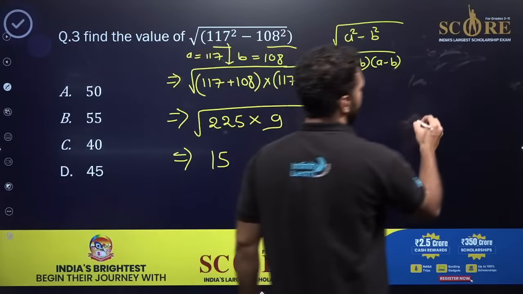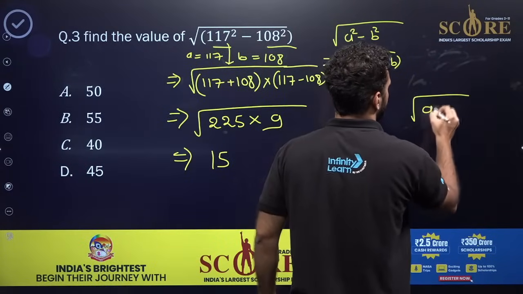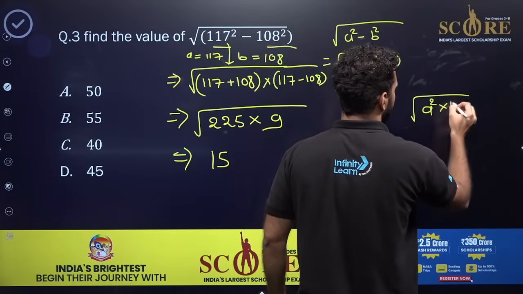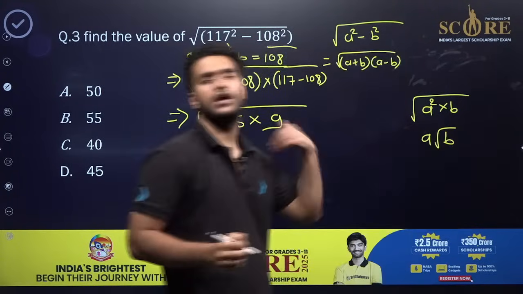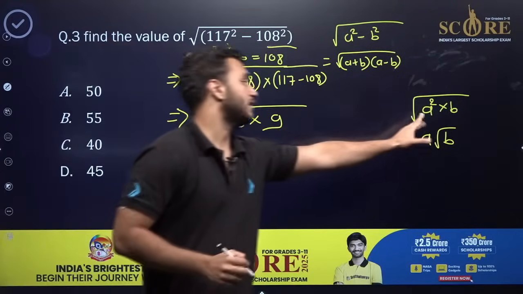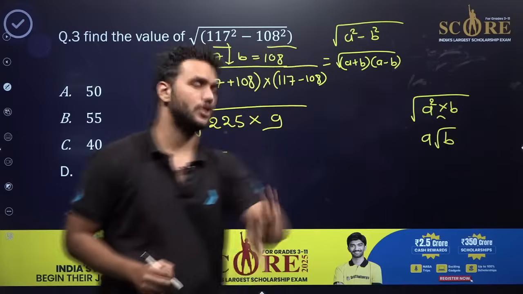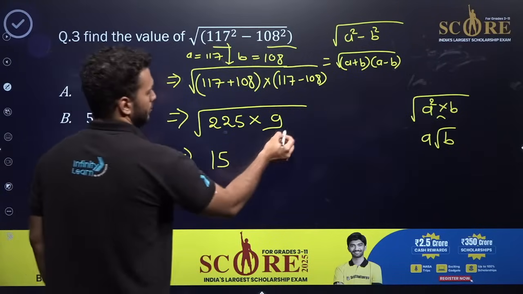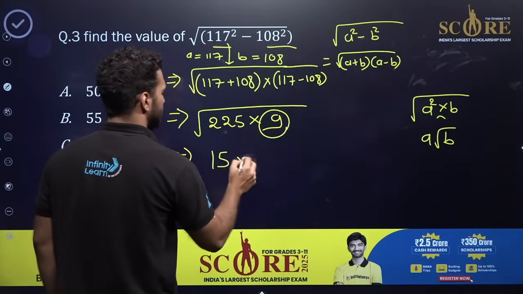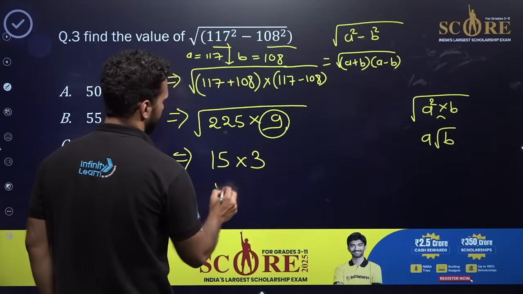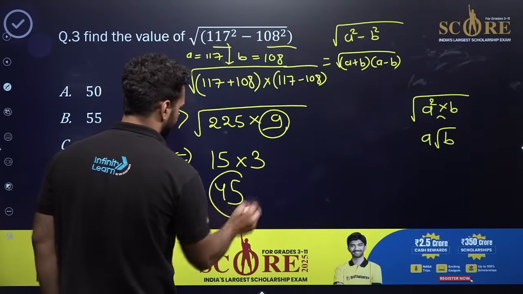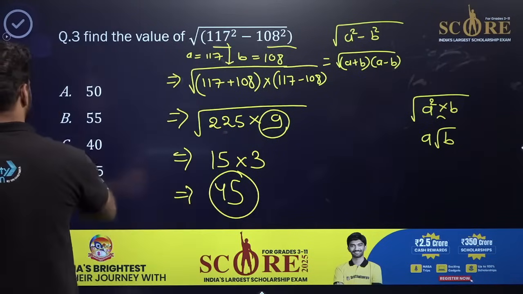You guys know, if you have something like a square into b, you can put a outside if they have the relation of multiplication. Next, what will I be left with? Sir, 9. 9 is also a perfect square number. So the answer will be D.